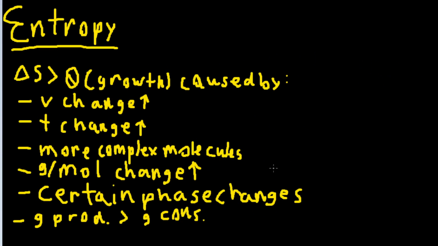Entropy is pretty much the measure of randomness or disorderliness, I don't know if that's a word, of a system. So entropy will grow when it is greater than 0, and this growth can be caused by a growth in volume, a growth in temperature, more complex molecules being formed, an overall growth in molar mass, or certain phase changes, such as going from solid to liquid, liquid to gas, solid to gas.